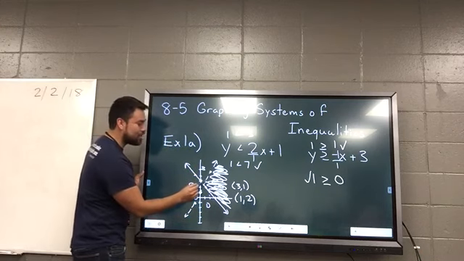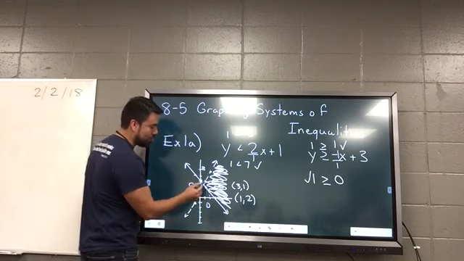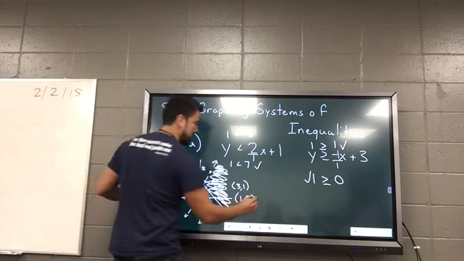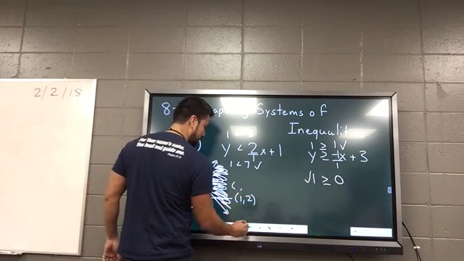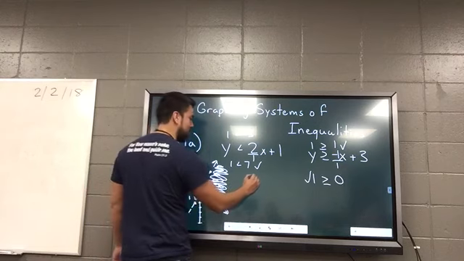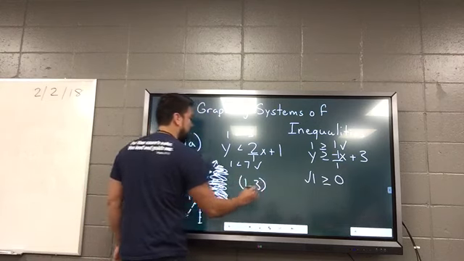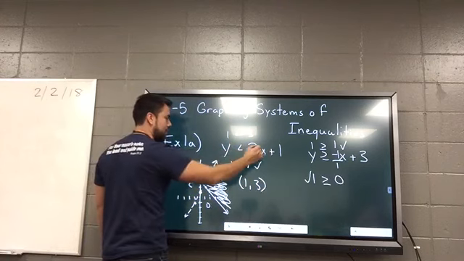Let's pick this point because I really think it should work. That would be 1, 3. I'm going to scratch these out so I don't confuse them. What's 2 times 1? 2. 2 plus 1? 3.